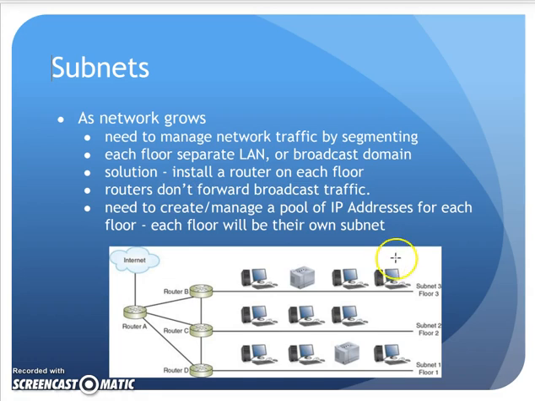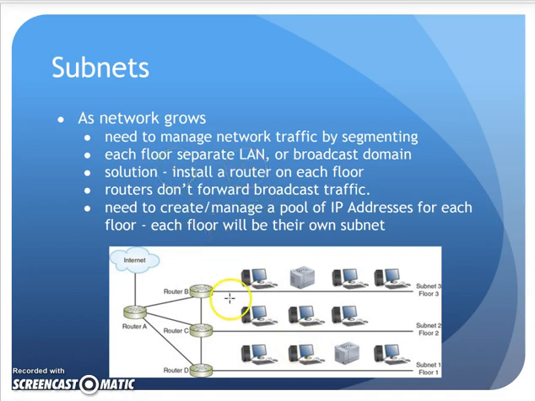Absolutely. So if a computer up here on the 3rd floor generates an ARP broadcast, which they're going to, that is going to stay local to this floor and will not propagate through the whole building because this router is going to stop that. That's going to help minimize the amount of traffic from here interfering with traffic down here and so forth.